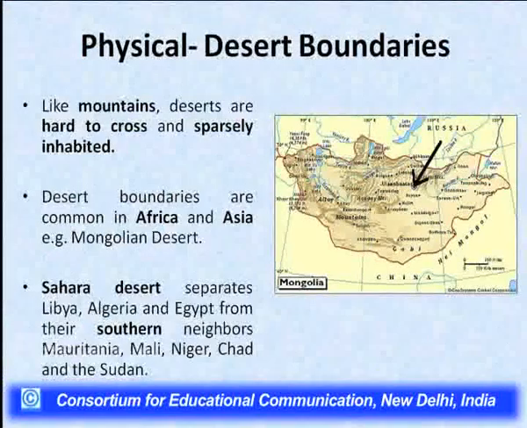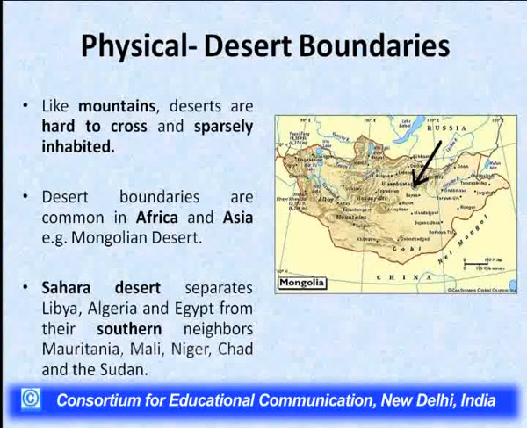The next important physical boundary is the desert boundary. Desert boundaries are generally found in regions such as Central Asia, as we can see in the example of the Mongolian desert, which divides Russia and China.